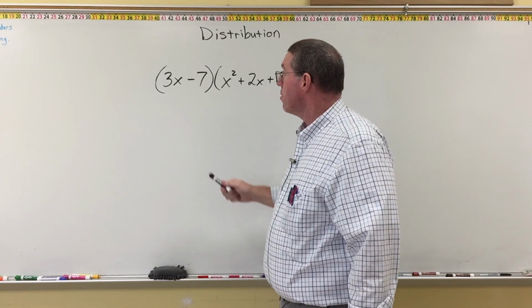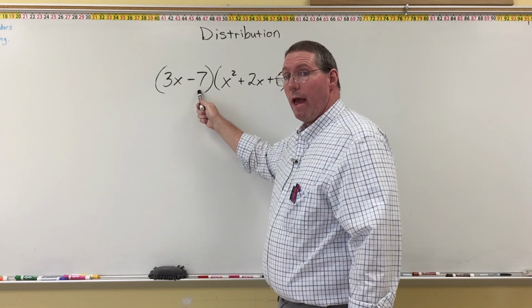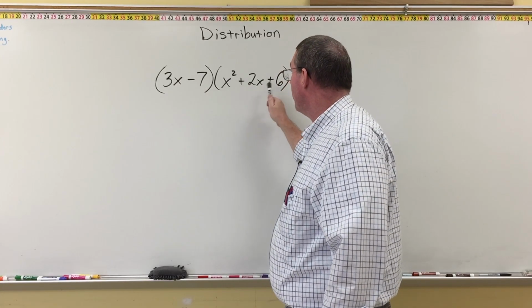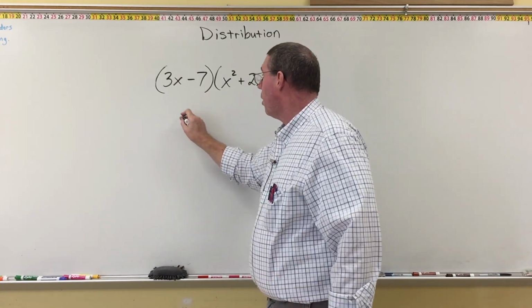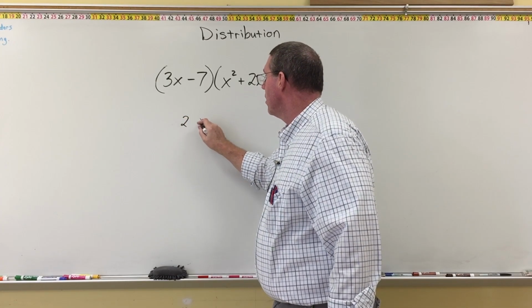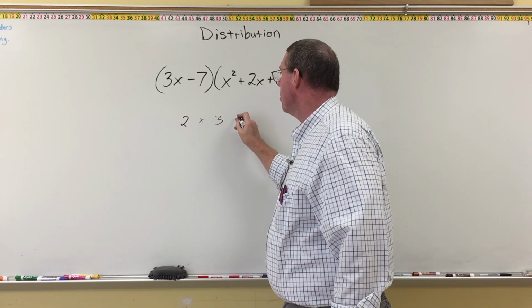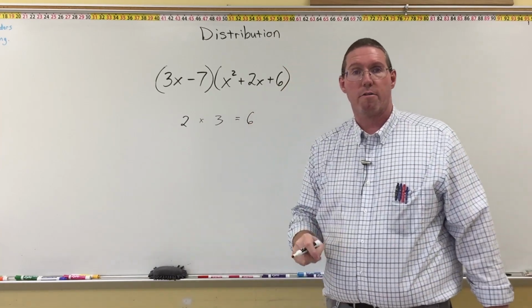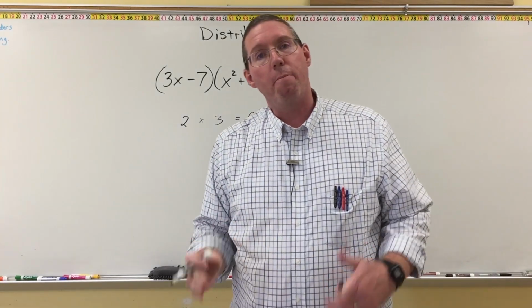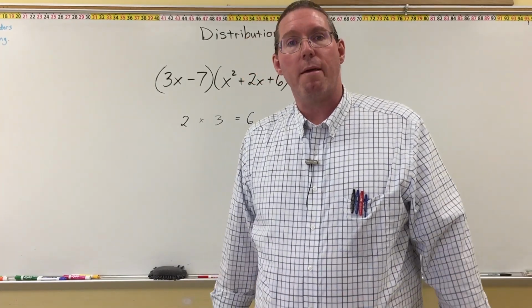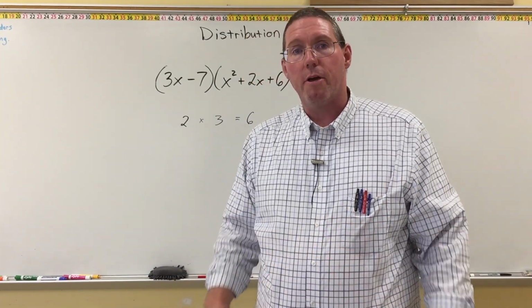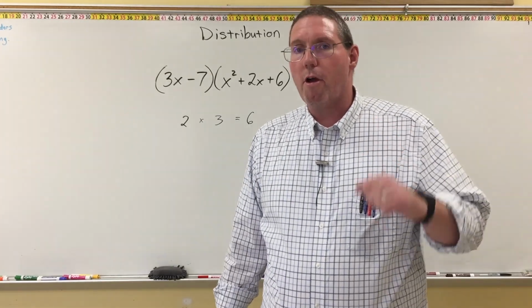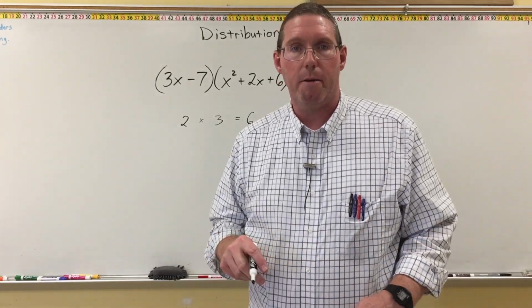Since each one of these two terms has to be multiplied by each one of these three terms, here's what we're going to wind up with. 2 terms times 3 terms, which means that we're ultimately going to have 6 products, 6 terms. Now, it's possible that some of those may be able to be combined because they might be like terms, but it's also possible that none of them can be combined.